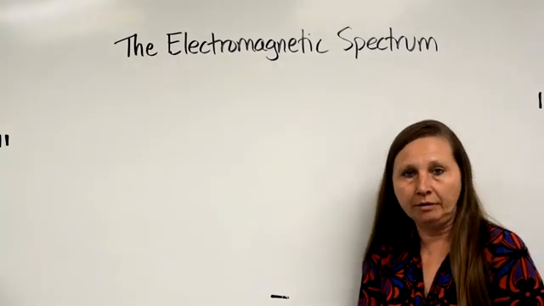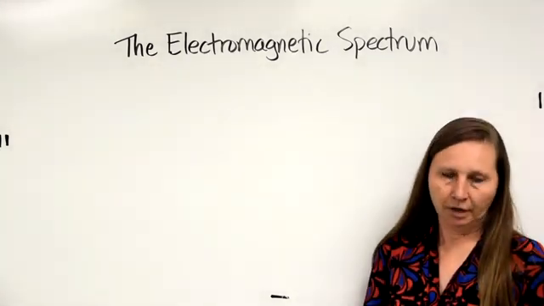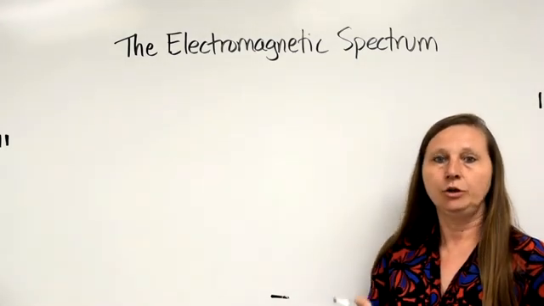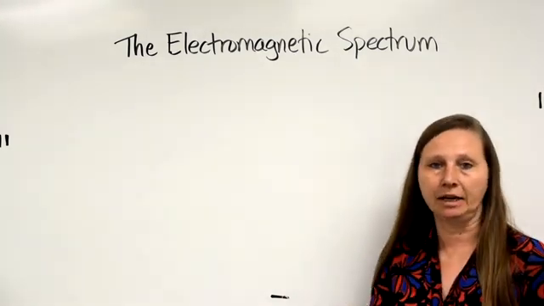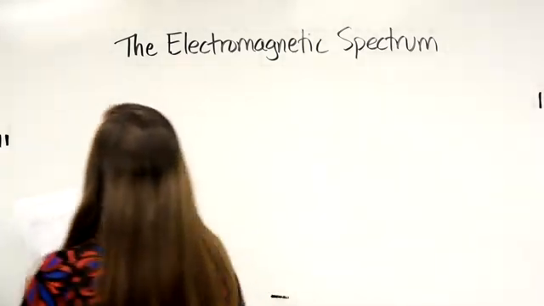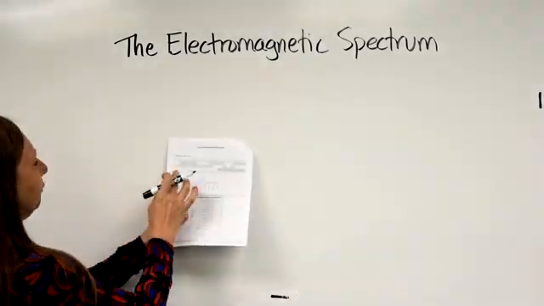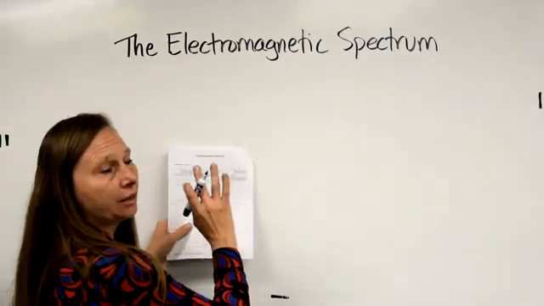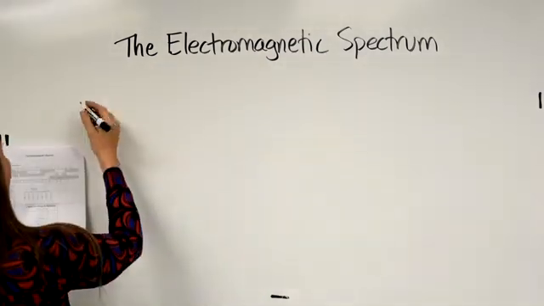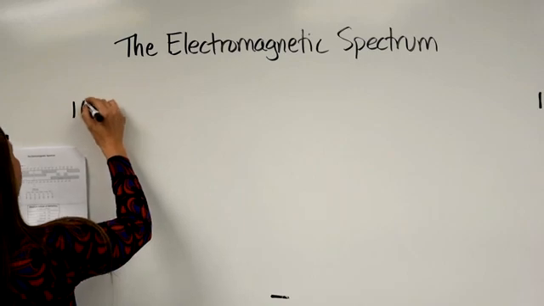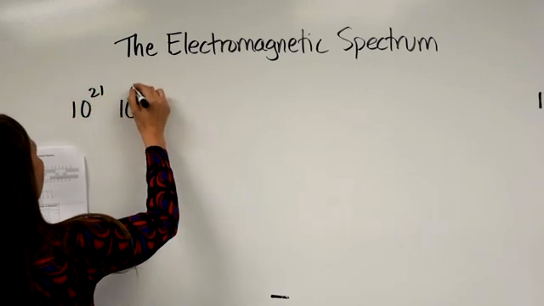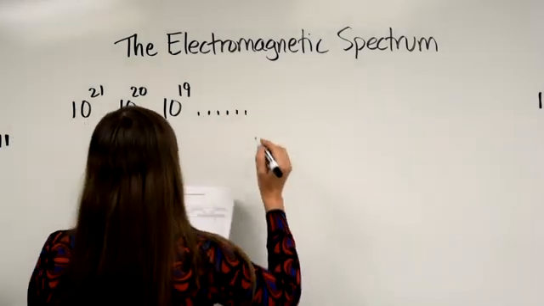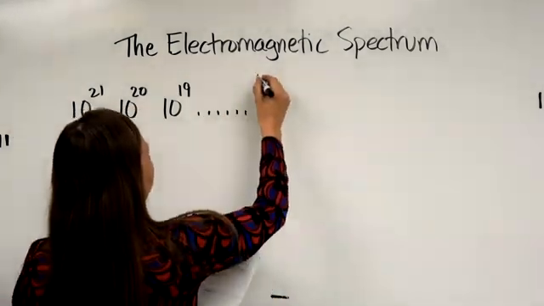One final way to use this chart is if you know the frequency of the light, you can look up the type of light that it is. For example, the frequencies, again, are on the bottom of the chart. They're the numbers at the bottom of the chart. So, to the far left, you've got 10 to the 21st, 10 to the 20th, 10 to the 19th, etc. And then you've got your visible light.